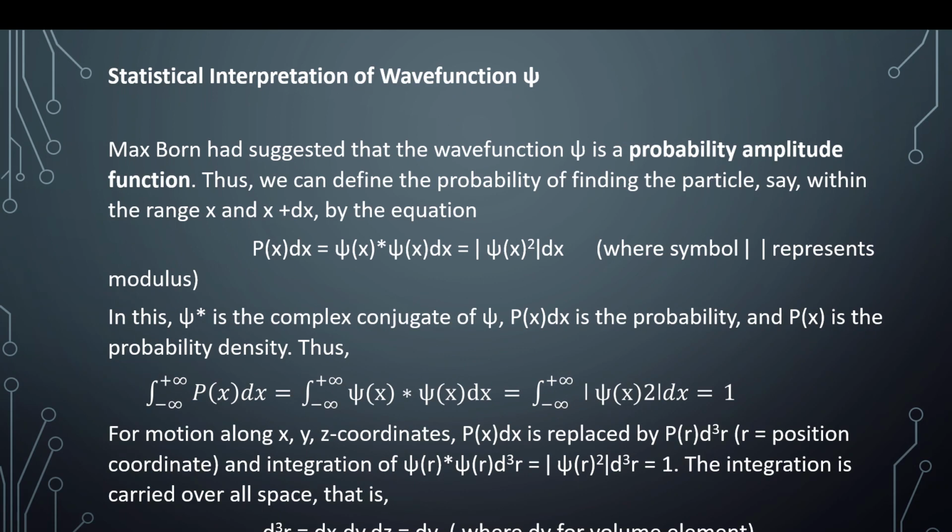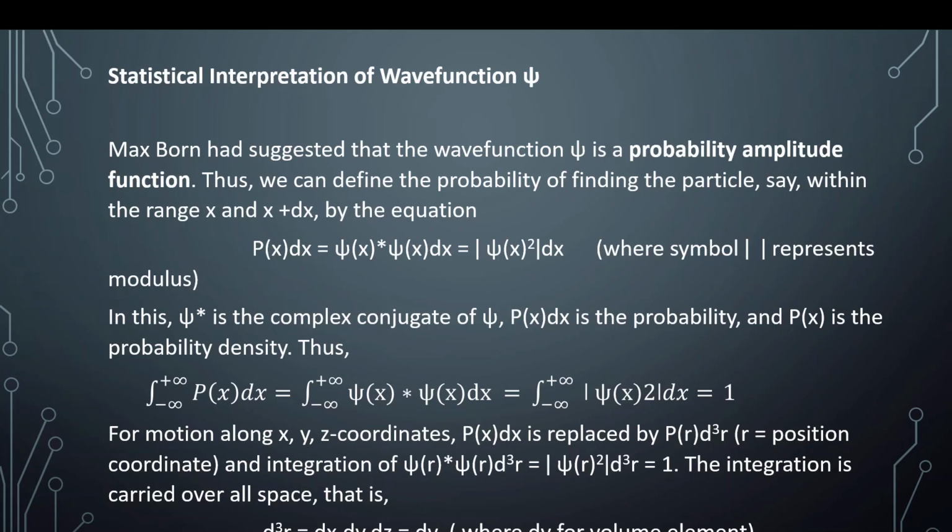Statistical interpretation of wave function psi. Max Born suggested that the wave function psi is a probability amplitude function. Thus, we can define the probability of finding the particle, say within the range x and x plus dx, by the following equation: P(x) dx equal to psi(x) star psi(x) dx equal to mod psi(x) squared dx.